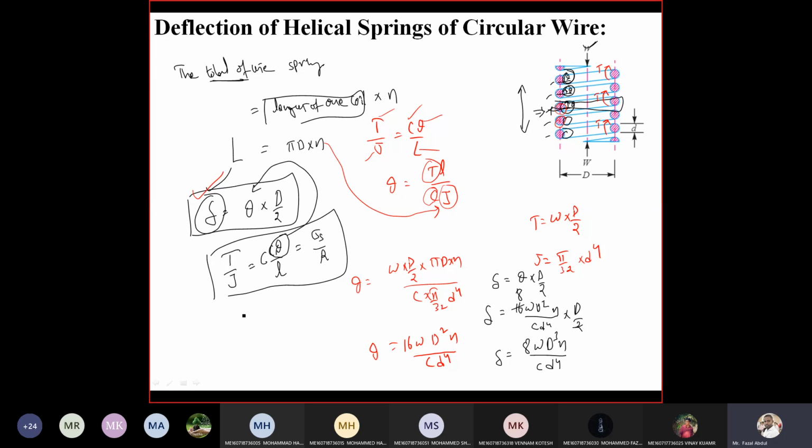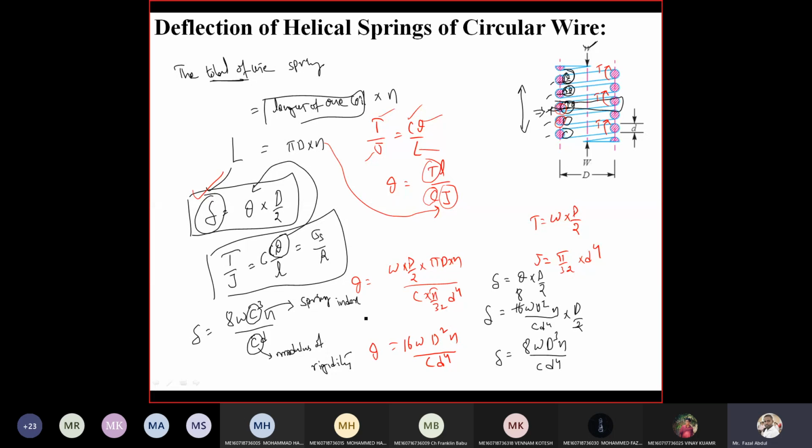So this equation we can also write as delta equals 8 into W into capital C cube into N by C into D, where this C is the modulus of rigidity, and where this capital C is nothing but the spring index.